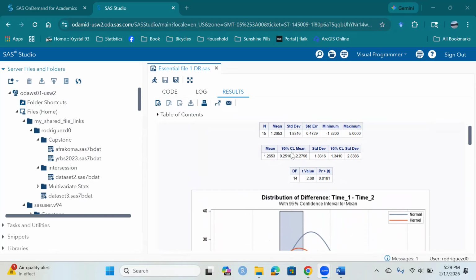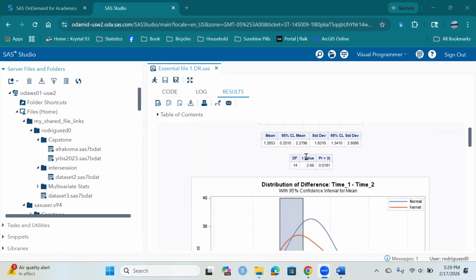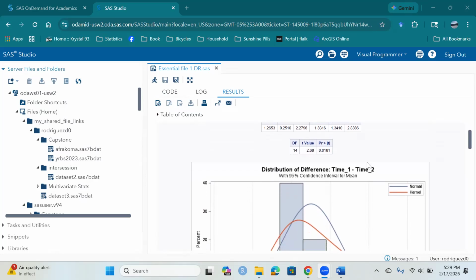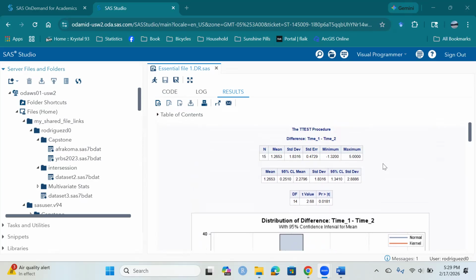And since this interval does not cross 0, that's an indication that we probably have statistical significance. And we look at our t-test value with 14 degrees of freedom, and we have a p-value of 0.0181. So this is statistically significant at an alpha of 0.05. That's a paired samples t-test.